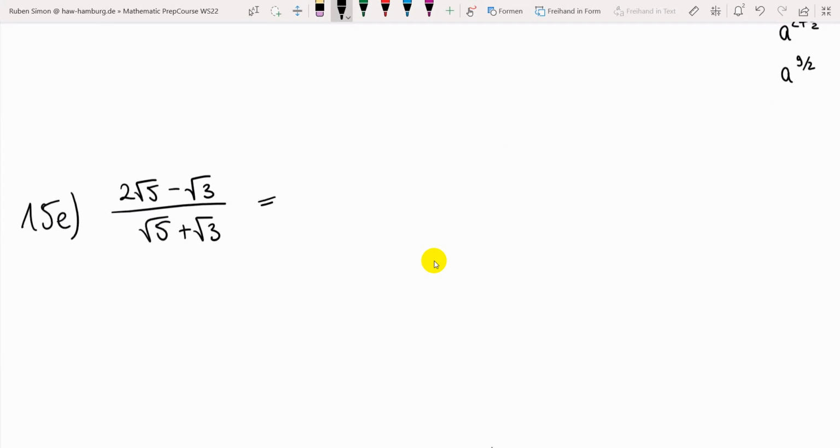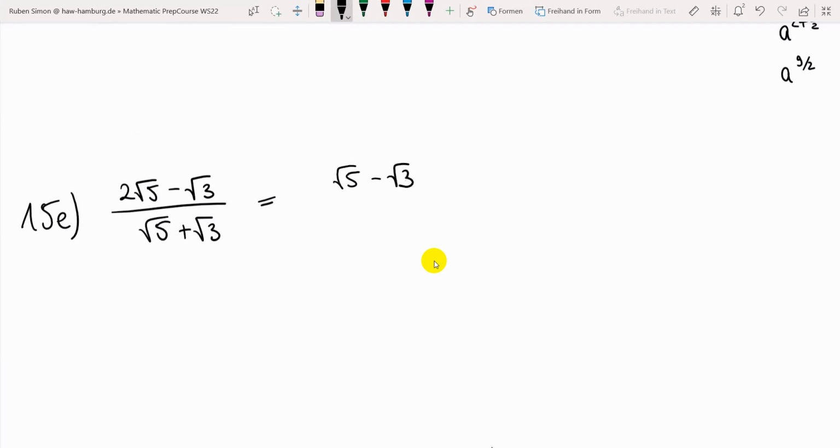Any idea how you could deal with this? Multiply by square root of 5 minus square root of 3 over square root of 5 minus square root of 3.